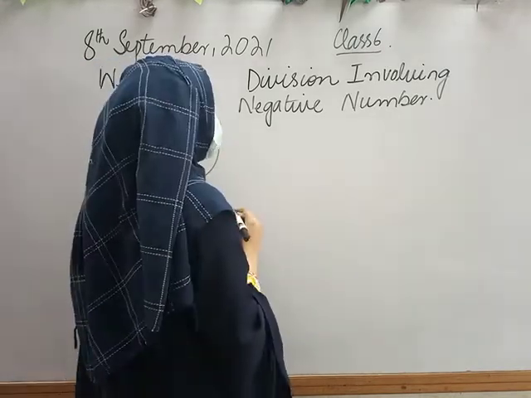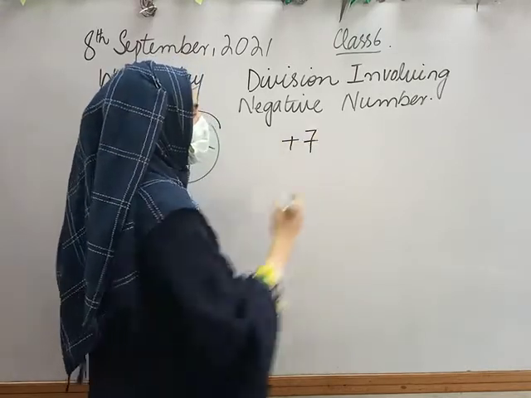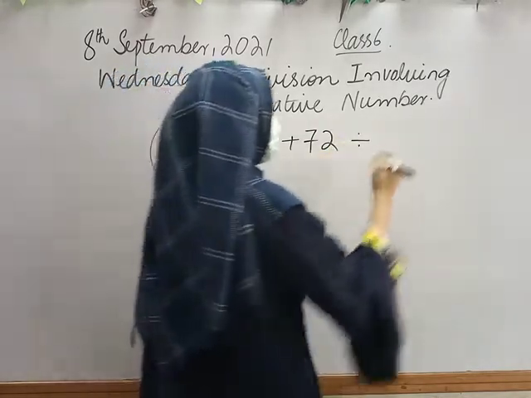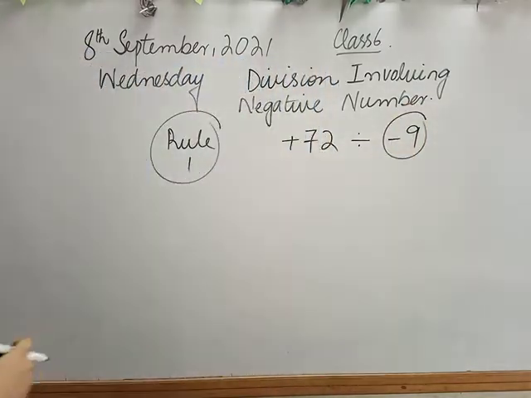If the first number is positive, which is plus 72, then there is a sign of division class and the next number which is minus 9. So what result we have in the end? Yes, Usman, you tell me. Very good. We have discussed class, when two opposite signs are involved, we have negative in the end.